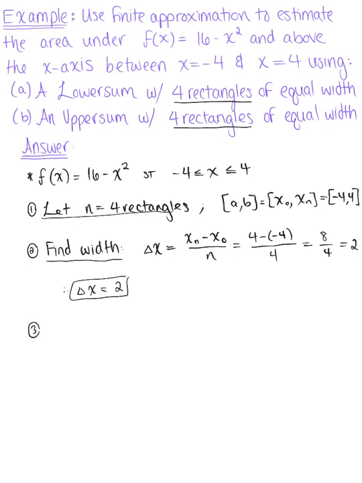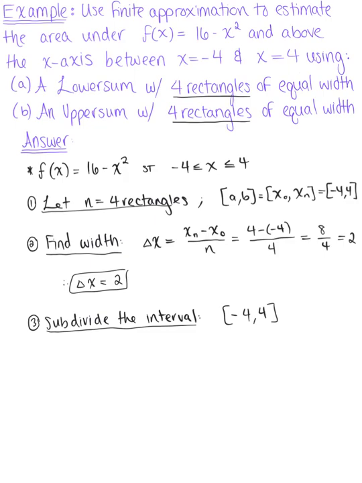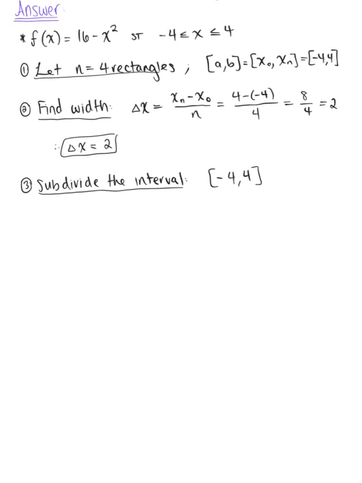The next thing that we need to do is subdivide the interval using our width. So this is a great way to check your work. Keep in mind that our full interval that we're trying to divide is negative 4 to positive 4. Let's give ourselves a little more room.